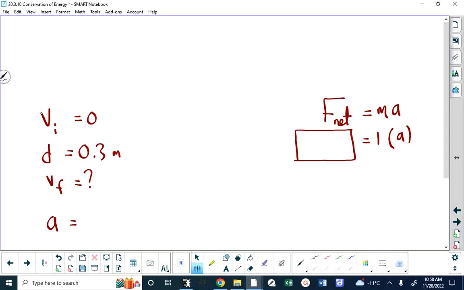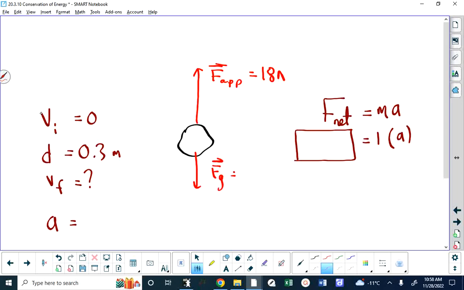Because while that rock is being worked on by the applied force of 18 newtons up, there is a gravitational force of 1 kilogram times 9.81. So that's going to give you 9.81 newtons down. And when you look at this diagram, the net force will be that 18 minus the 9.81.